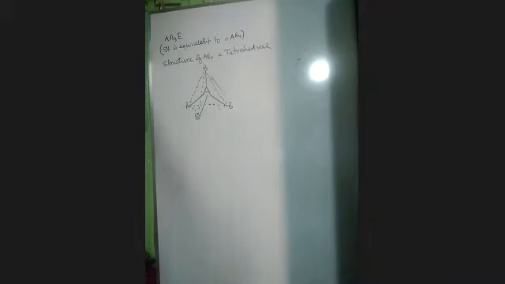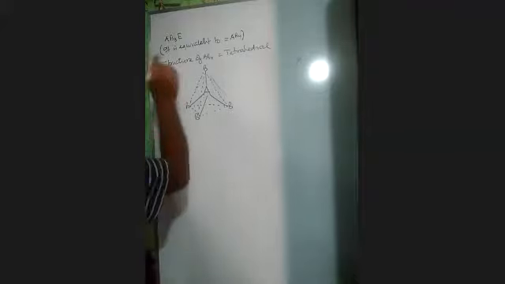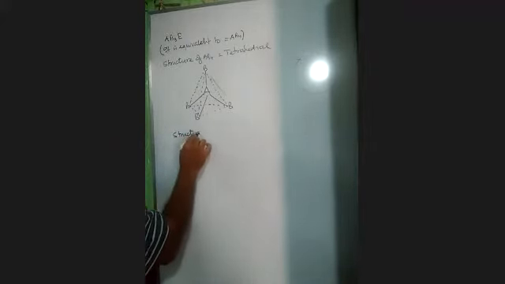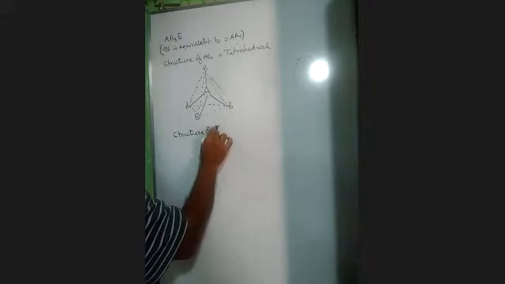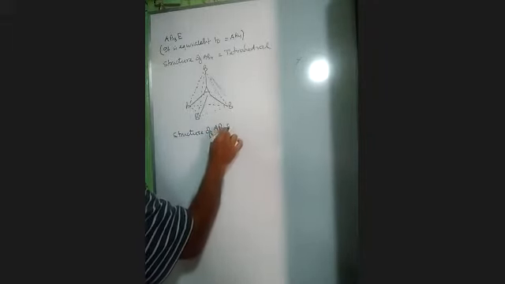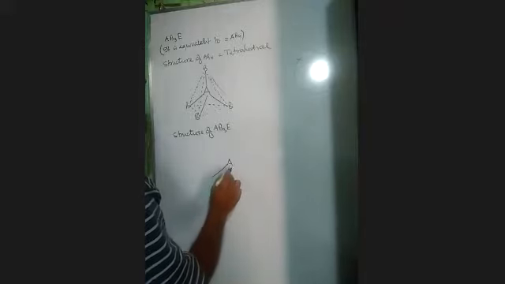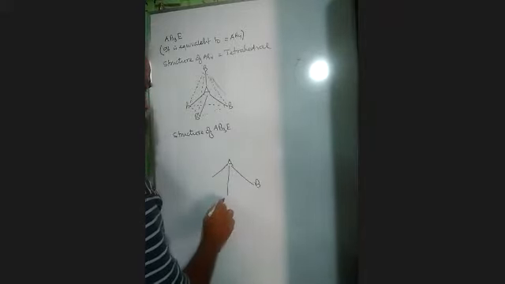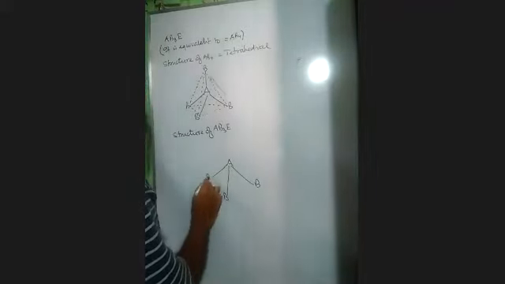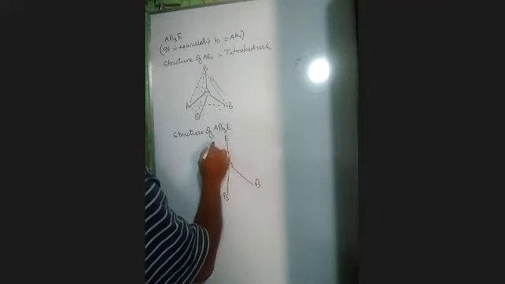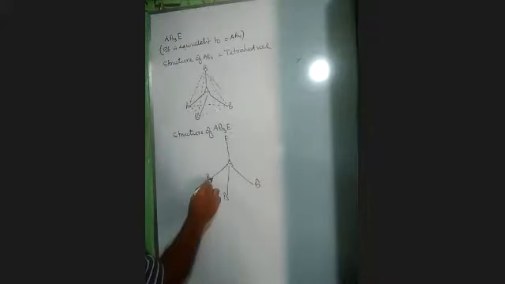But when you go for the structure of AB3E, one of them will not be visible. So say this is not visible. See, this is not visible to us. So what has happened?